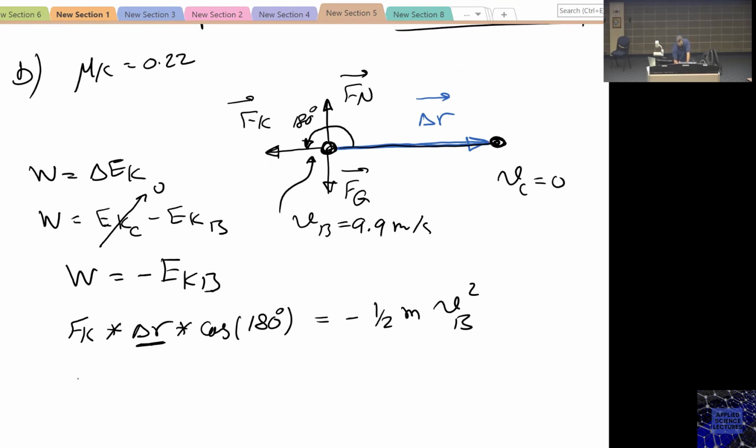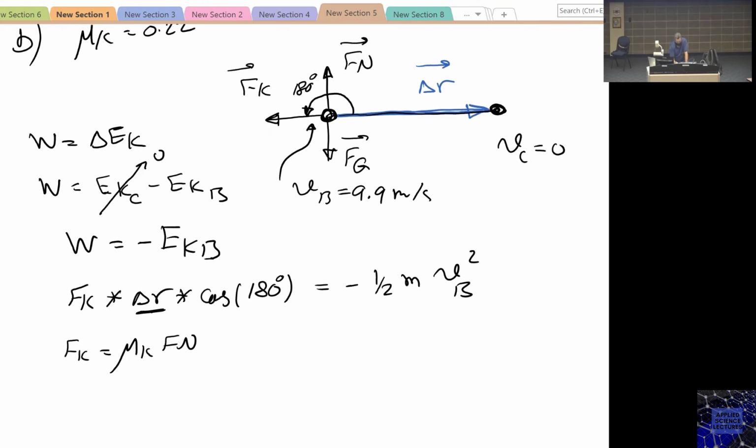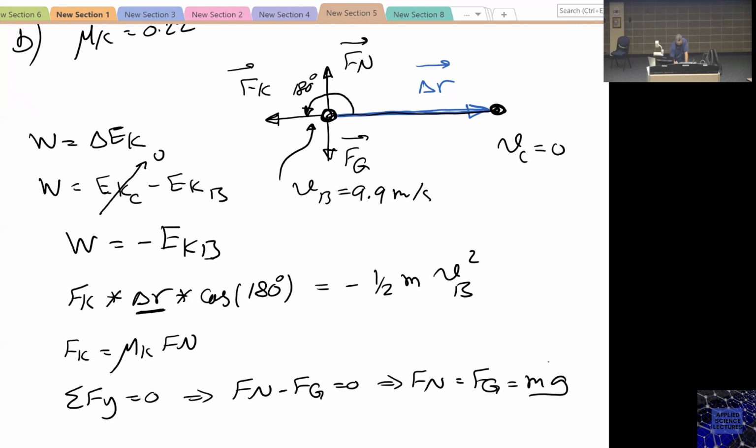Frictional force is mu k Fn. And Fn can be calculated by applying Newton's first law along the y-axis. So I have here sigma Fy equals 0, which means Fn minus Fg equals 0, and Fn equals Fg equals mg.